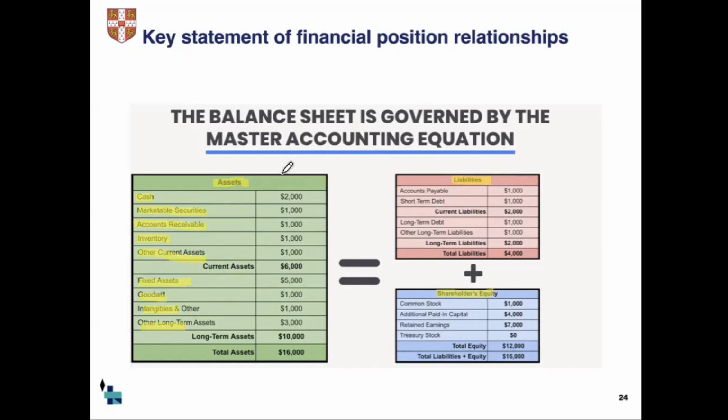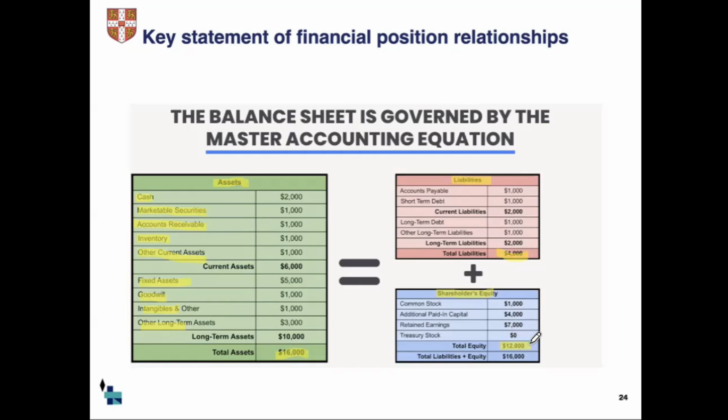So, how were all these assets financed? We have a total of 16,000 in assets here on this statement of financial position. How did we get 16,000 to buy all these assets? Now, on the other side, 4,000 was borrowed, and 12,000 is from the owners of the business.